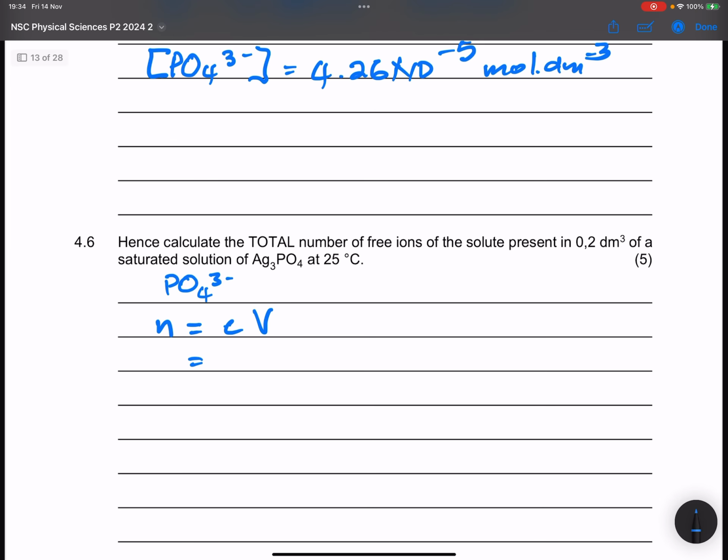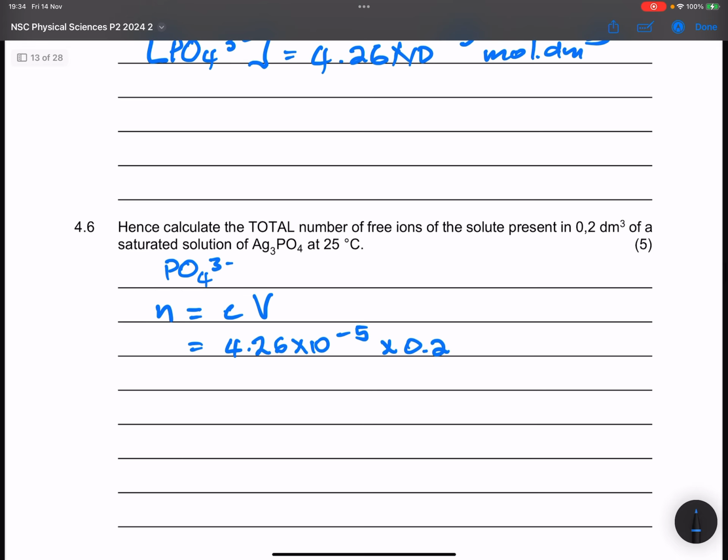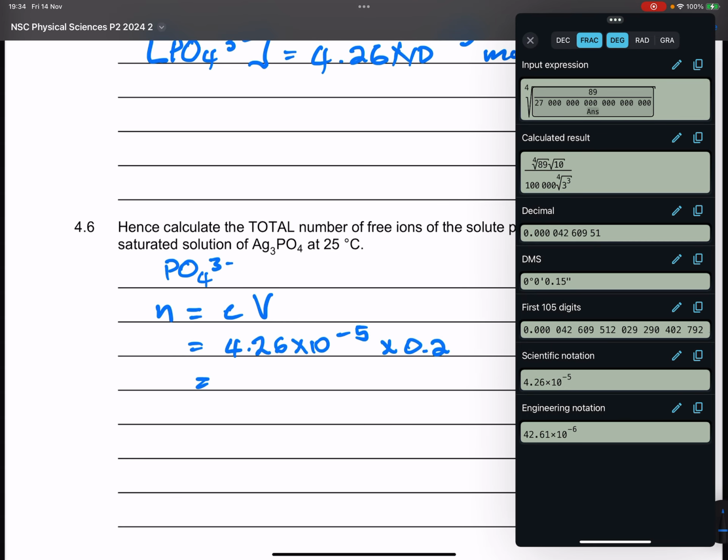The concentration we just got from above: 4.26 times 10 to the power negative 5, multiplied by the volume, which is 0.2. Let's calculate that quickly.